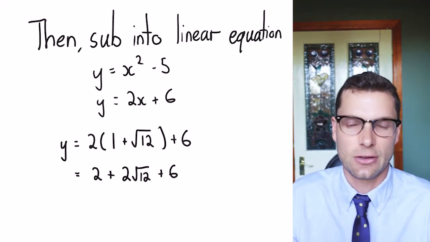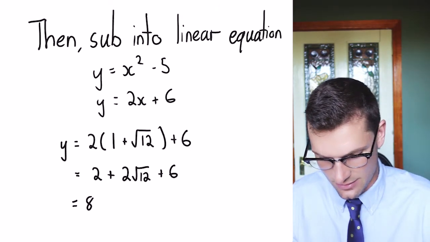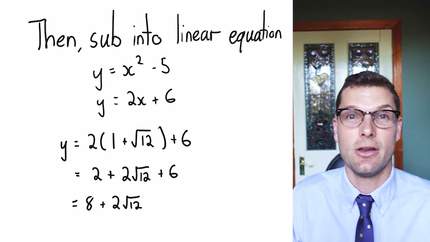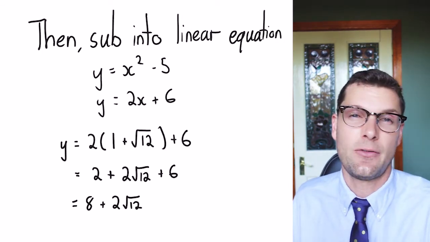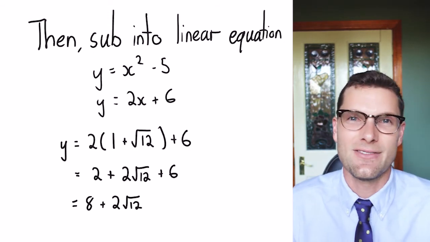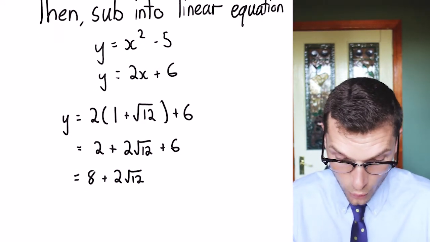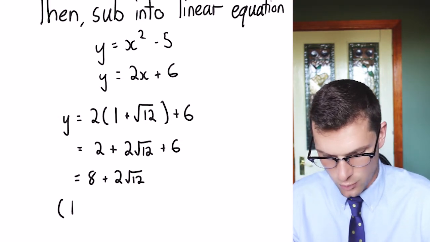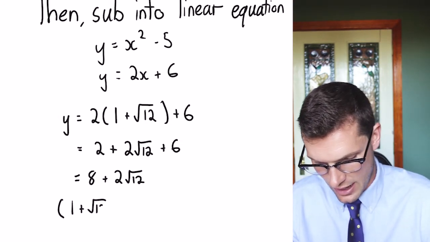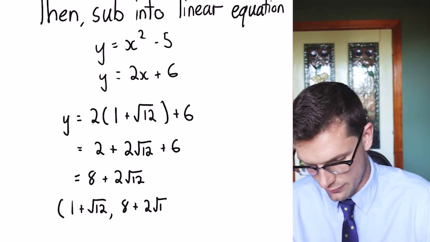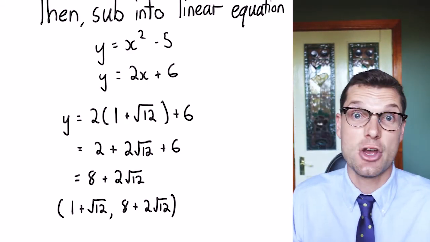If I collect the like terms, that becomes 8 plus 2 root 12, and that is my final answer for this one. You might have to simplify the root if your teacher's a bit of a stickler, but I'm happy to leave it like this. So the coordinate for this first point is that I've got x is 1 plus root 12, and the y coordinate is 8 plus 2 root 12. So that's my first answer.